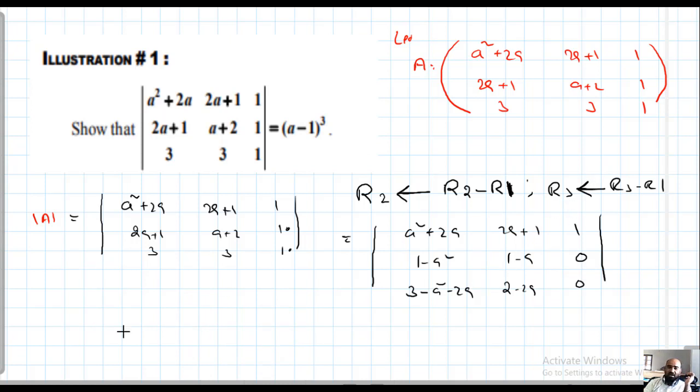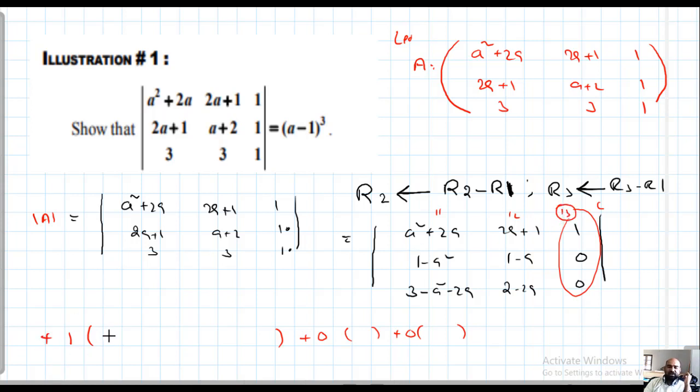Now to find the determinant of the matrix, I am using this column. So 1 into its cofactor plus 0 into its cofactor plus 0 into its cofactor. So no need to write that. So 1 into its cofactor. The element is 1, 3. 1 plus 3 is 4, so plus only we will get.